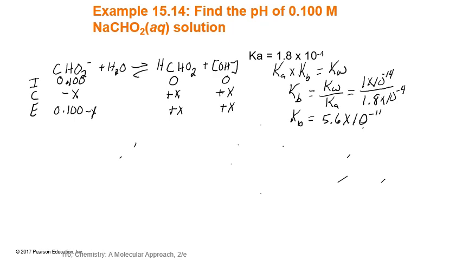All right, so let's do a quick calculation to figure out if we need to use that X or if we can assume that it is small. So we are going to compare the initial concentration of the base to the Kb.